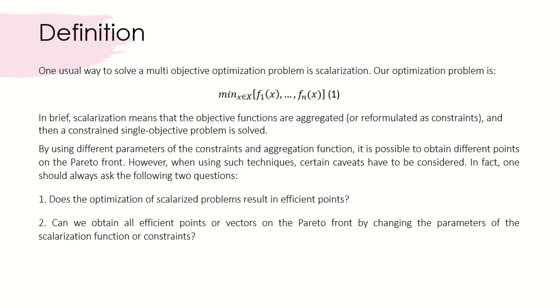Is it an efficient point for our objective function? Can we obtain efficient points or vectors on the Pareto front by changing parameters of the scalarization function or constraint? So after answering these two questions, we can choose the method of scalarization to solve our optimization problem.